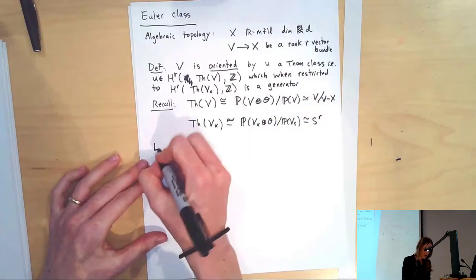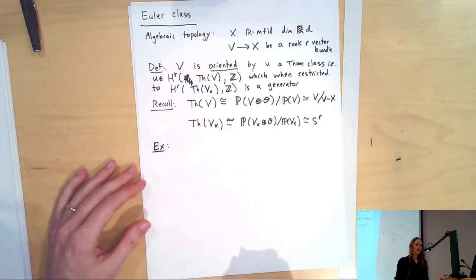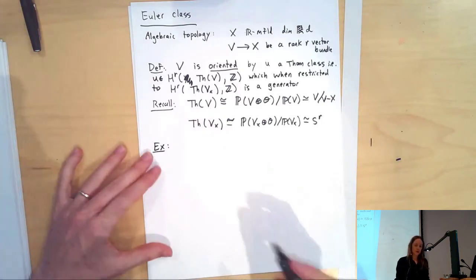An example of when you have an oriented vector bundle is if all of your transition functions have a positive determinant.